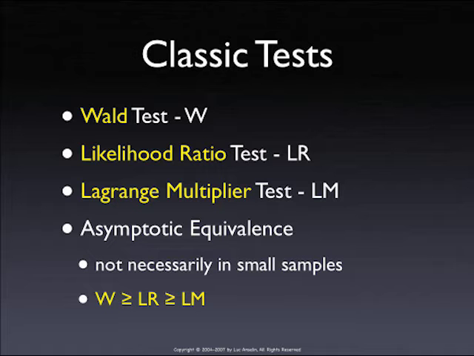Remember, the inequality here pertains to the magnitude of the test statistic. The larger the test statistic, the smaller the p-value. So if the Wald is larger than the Lagrange multiplier, it will be that its p-value will be smaller than that of the Lagrange multiplier test. And it could be that one lets you reject the null and the other one does not. What do we do in a situation like that?